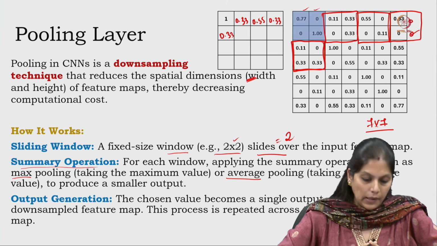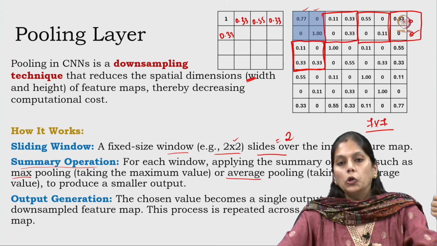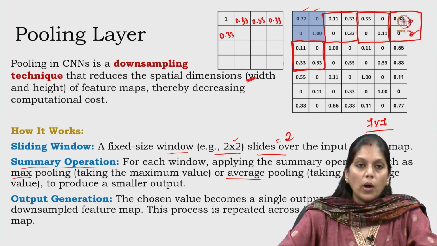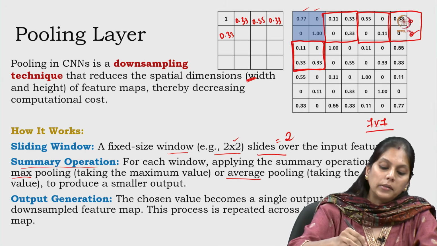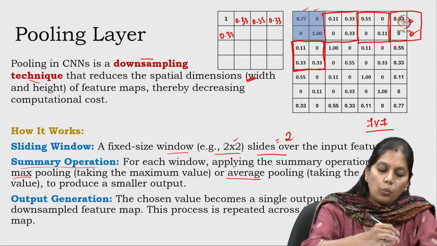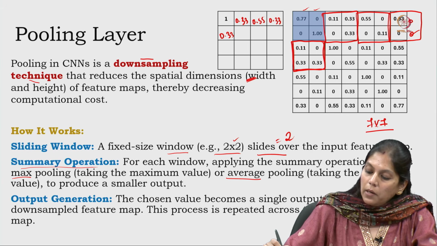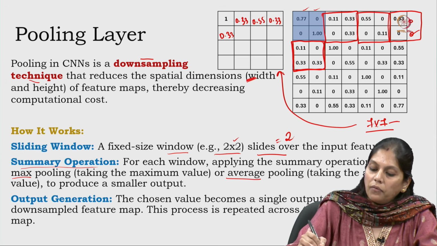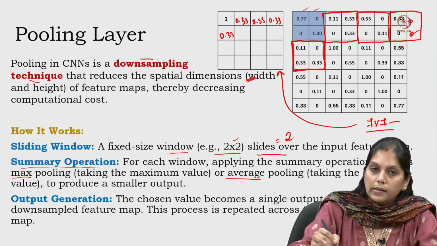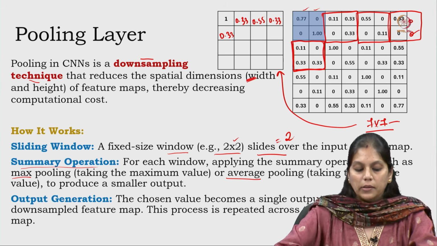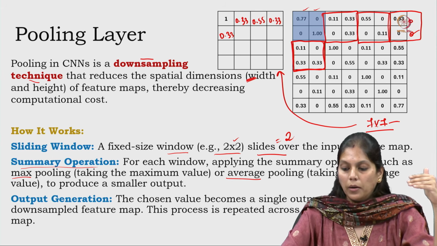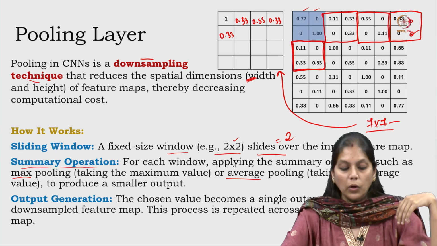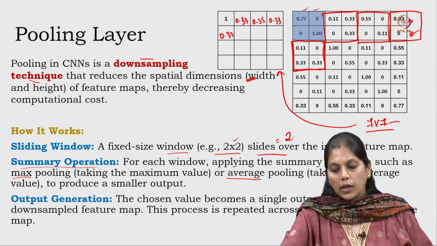What is pooling in CNN? We know convolution extracts the features. What is pooling? If somebody asks in one word, pooling is a downsampling technique. The input you passed was 7 cross 7, and in the output you are definitely getting a reduction in the size. It is a downsampling technique where you are reducing its width and height, so spatial dimensions are reduced. So, this is what pooling is.